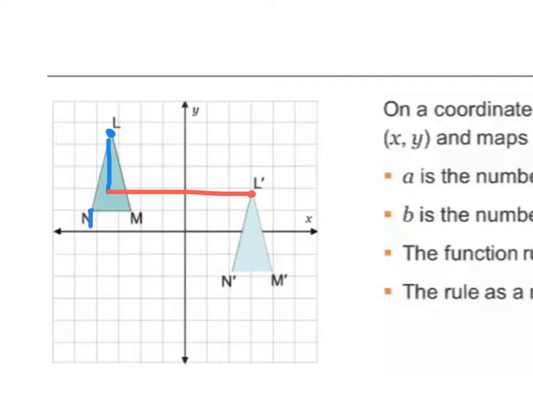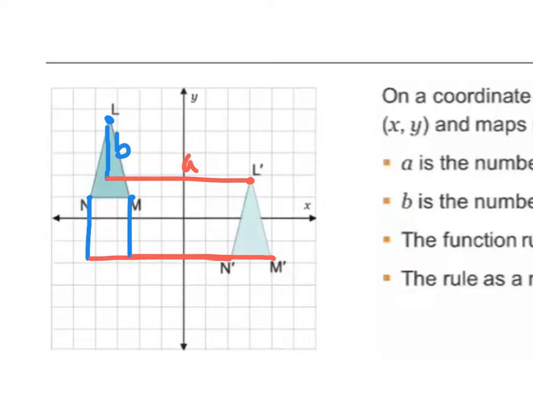With n, I'd go down to here, move vertically, and then move horizontally. Same thing would happen with point m to m prime, and we would just connect all those different points. And so the value that you move horizontally is your A value, and the value that you move vertically is your B value.